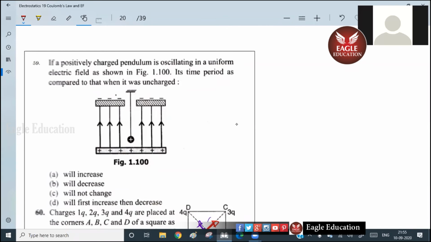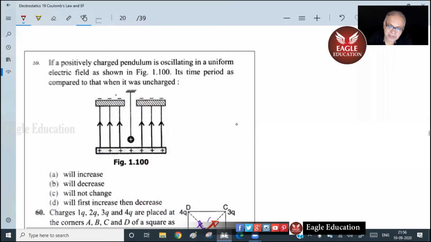If a positively charged pendulum is oscillating in a uniform electric field, as shown in the figure, its time period as compared to that when it is uncharged. For this, actually, I've given you one previous question. Somewhere here only we did that. You need to tell me now. The uncharged time period will be given by what?